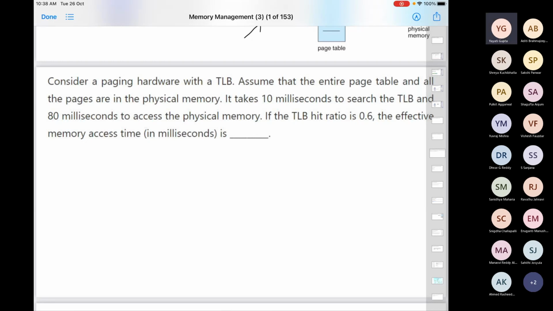So 60% of the time you find the relevant page in your TLB. 40% of the time you don't find that page in the TLB, so you go back to the memory to access the page table, fetch your frame number from there, do the address translation, which is straightforward, and then access the memory to get the required data.